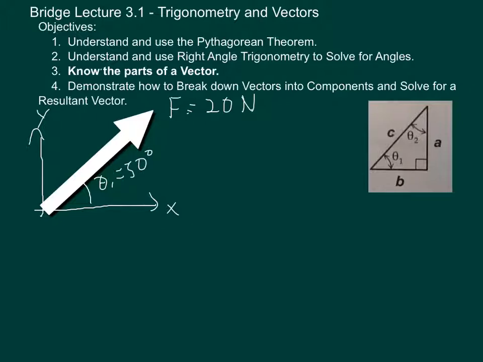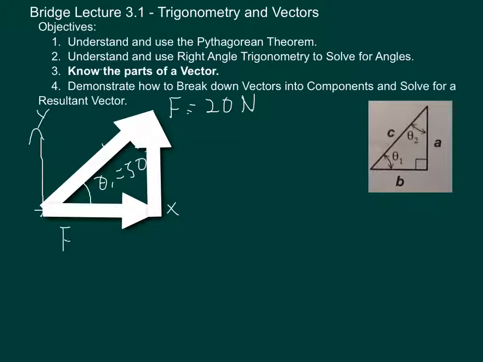And I'm going to ask you to break that down into its component vectors. Okay, so I now have two component vectors. One is the force vector going in the x direction, and the second one is the force vector going in the y direction.